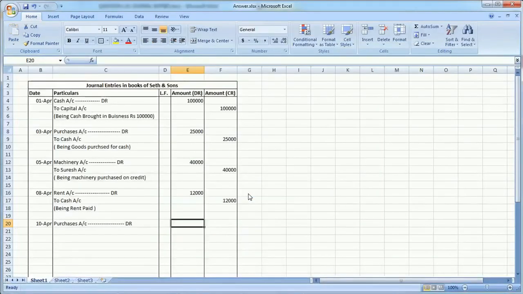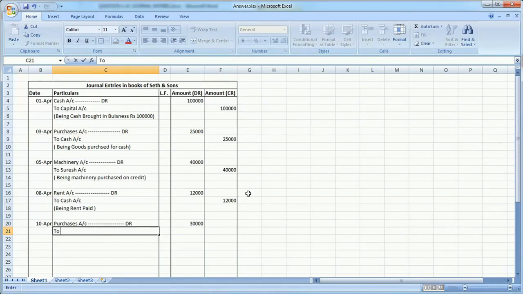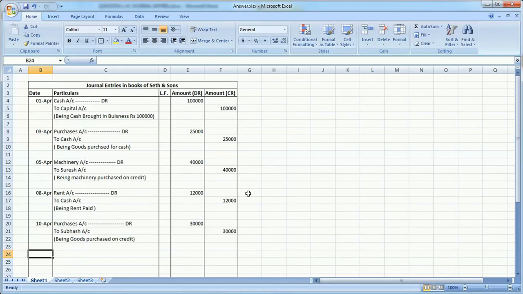The amount is rupees 30,000 to Subhash account rupees 30,000 being goods purchased on credit. Okay, so that was the fifth entry.